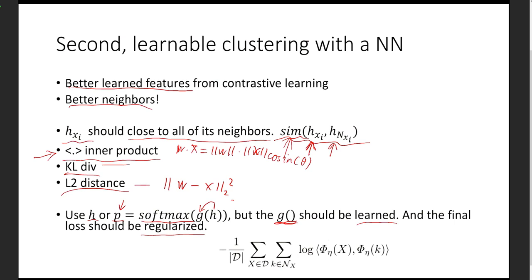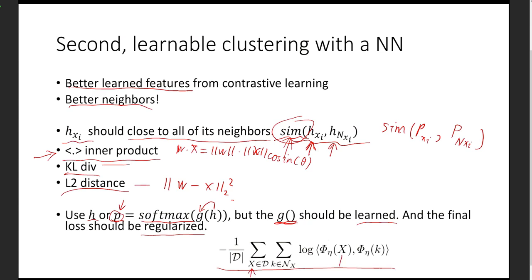So in this paper, they adopt the probability vector to compute the similarity. It's the similarity between the probability of x_i and the probability of its neighbor x_i.